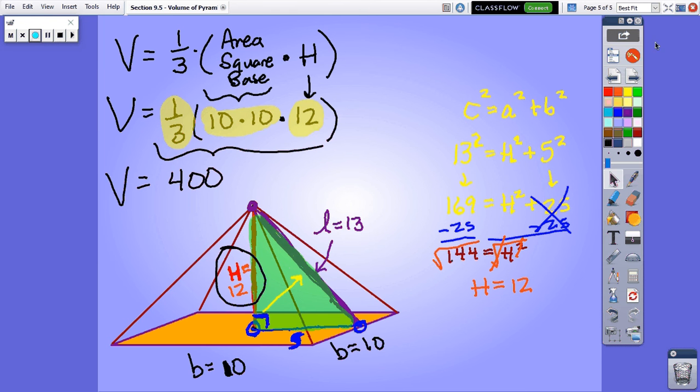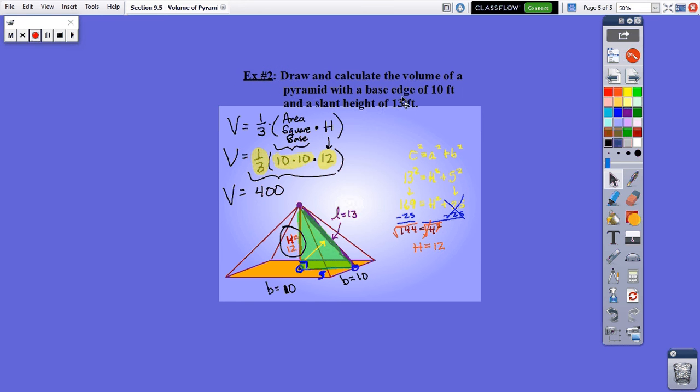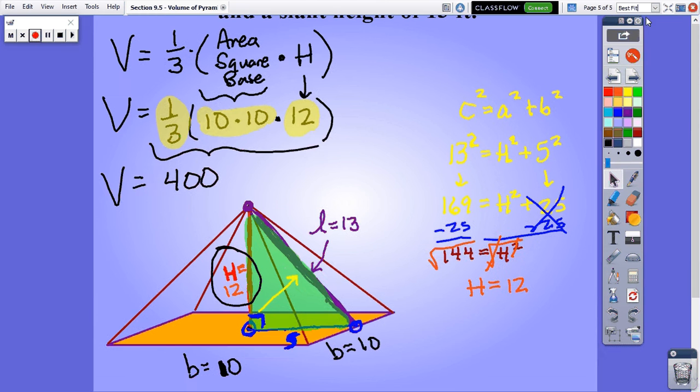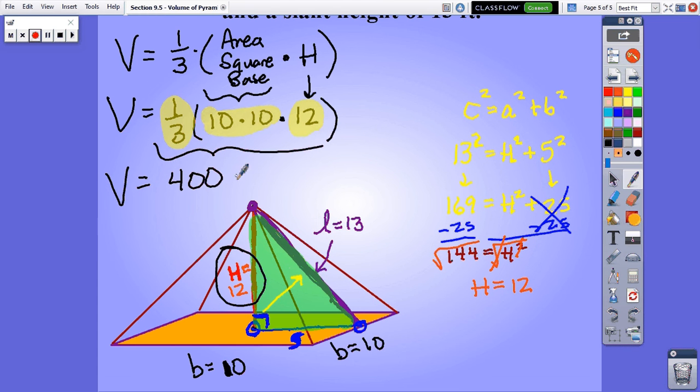And shoot, I lost my units. What was the problem? Oh, in feet. So 400 feet. Volume, always cubic units, so feet cubed. All right, and that's all for volume of pyramids.